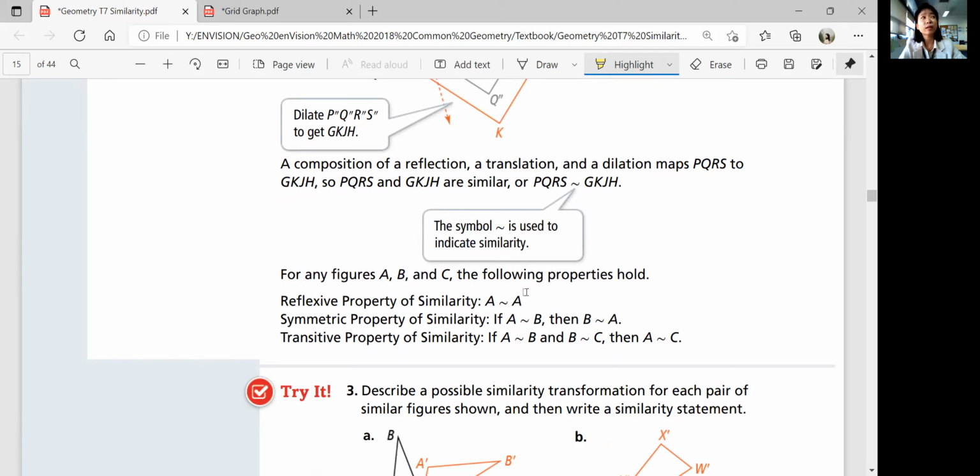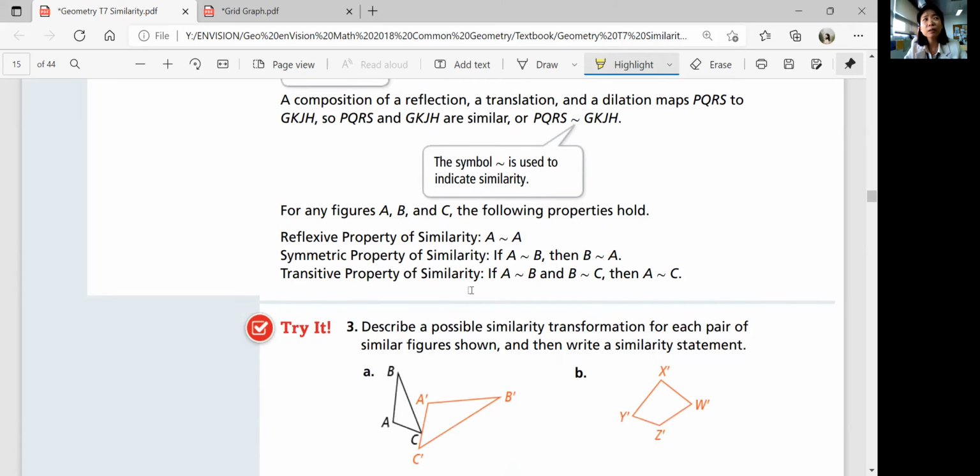Symmetric property of similarity: if A is similar to B, then B is similar to A. Transitive property of similarity says if A is similar to B, and B is similar to C, then A is similar to C. So symmetric changes the order. Transitive is jumping or substituting your parts.